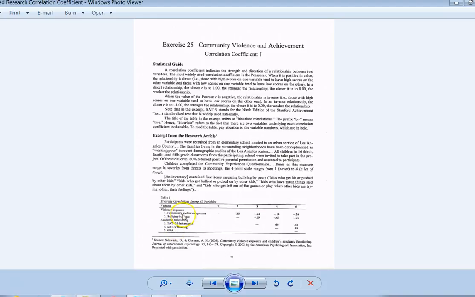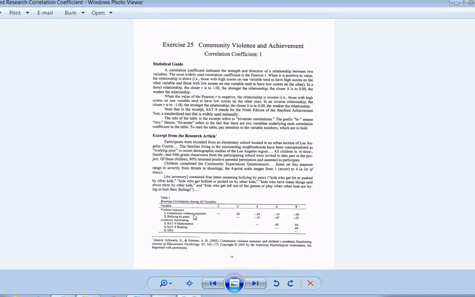So you've got the relationship between 1 and 1. It's always going to be perfect. So that's why it's not there. It's just expected. So the relationship between 1 and 2, so it'd be between community violence and bullying, is 0.20. The relationship between community violence exposure and SAT 9 mathematics is negative 0.24.